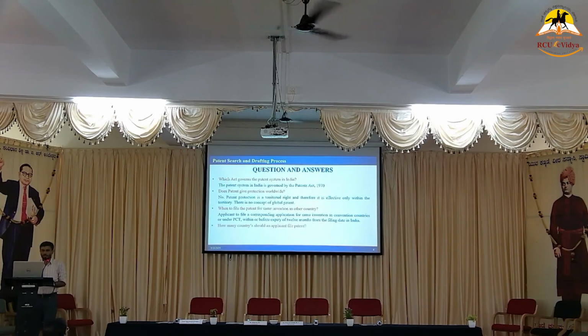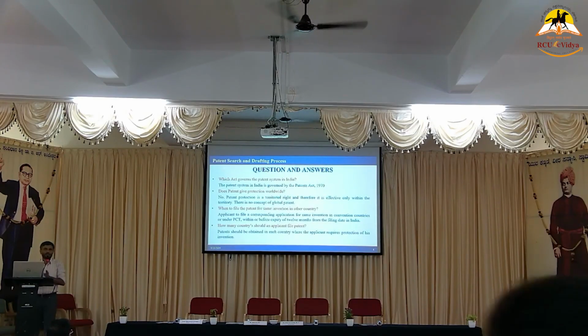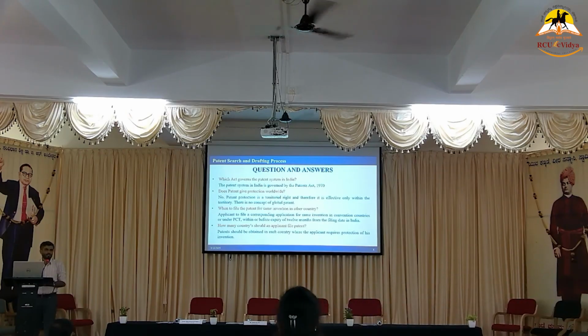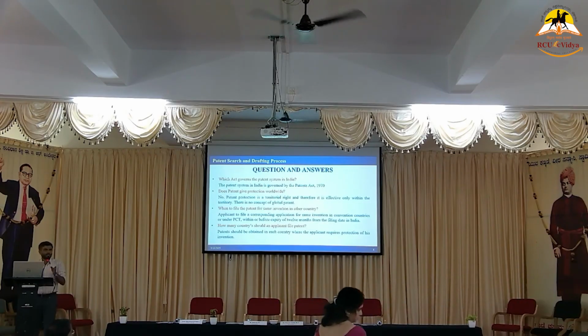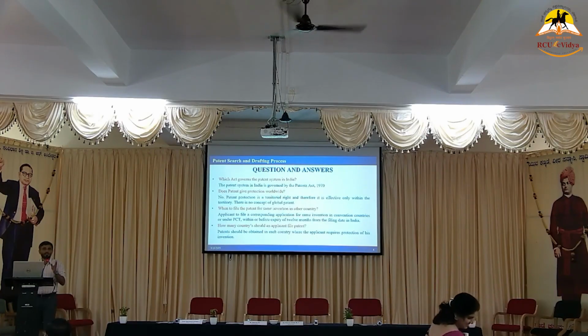The next question: in how many countries should an applicant file a patent? A patent should be filed in each country. For example, if you are not filing under PCT, for those 150 countries, and your product or idea has major revenue in 3 to 4 countries, for example India, China, and Europe, then you need to file a patent in the Indian Patent Office, the China Patent Office, and then the European Patent Office.